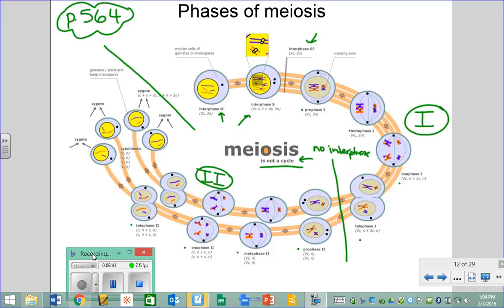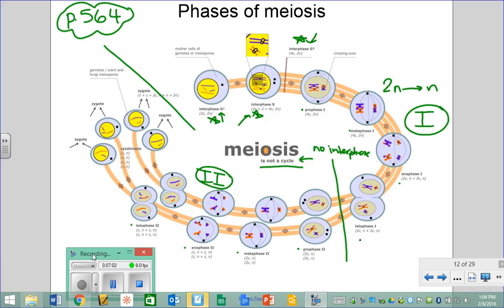Now the big differences between meiosis 1 and meiosis 2. Meiosis 1 obviously had interphase. Meiosis 2 didn't. In meiosis 1, this is when we are going from 2n to n.